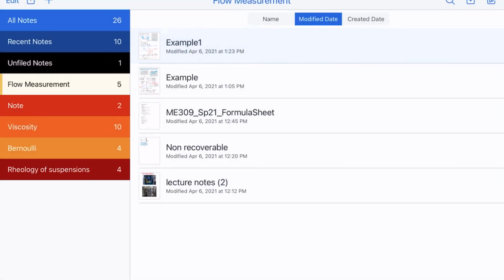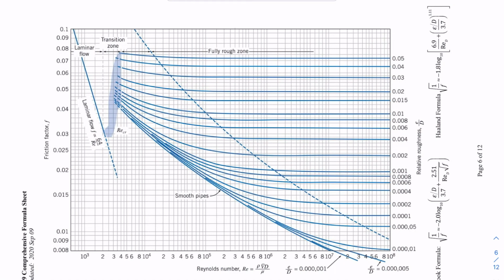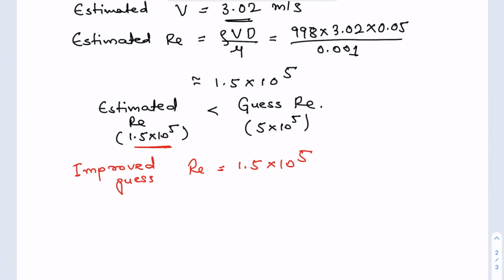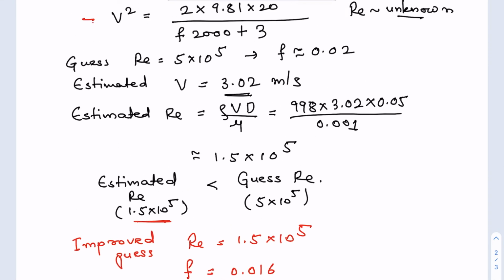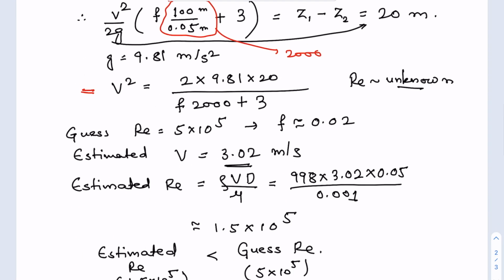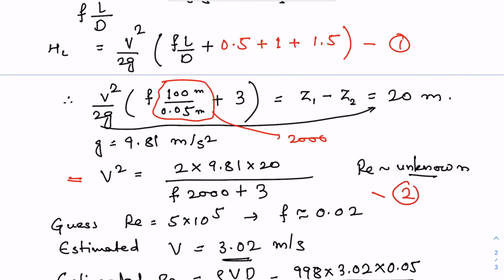And now if you go to the Moody chart for 1.5 times 10 power 5, which comes somewhere here, your friction factor comes out to be somewhere close to 0.016. So your improved guess for the friction factor now is 0.016. And if you substitute it again in this formula here, I will mark this as 2.